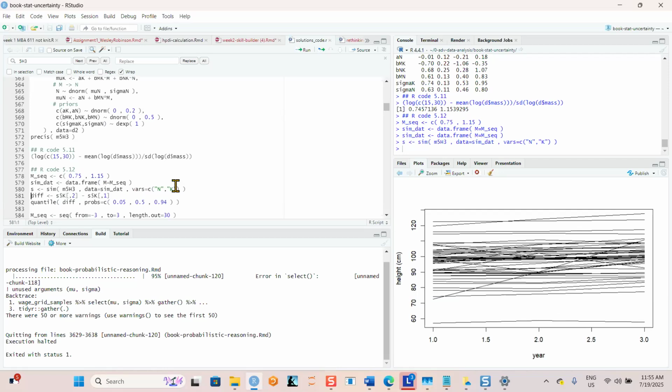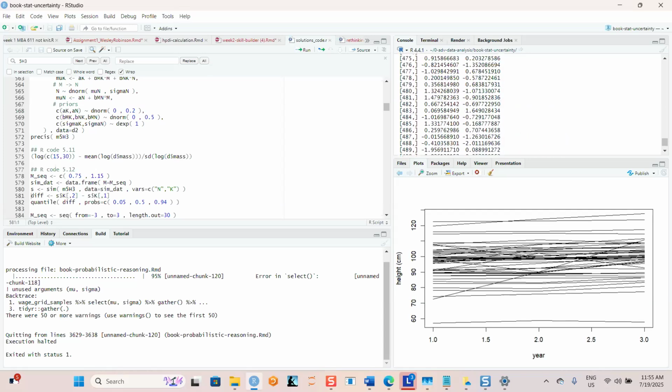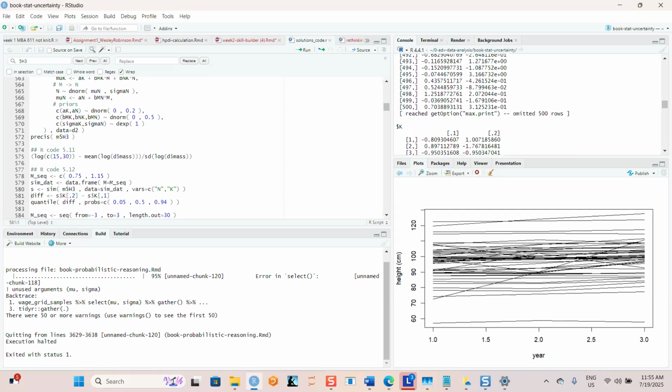Now, just let's look at S for a second. First of all, let's do the head of S. It does 1,000 simulations, drawing from the model. Get back to the top here just so you can see.